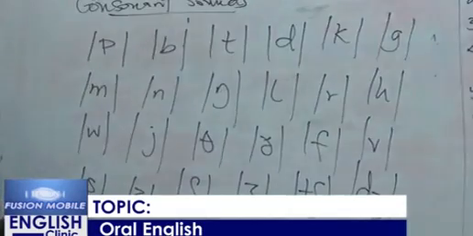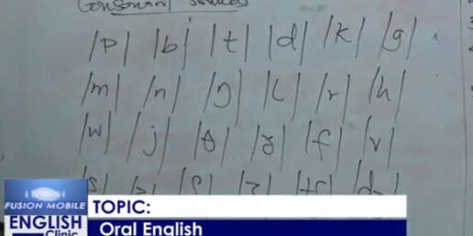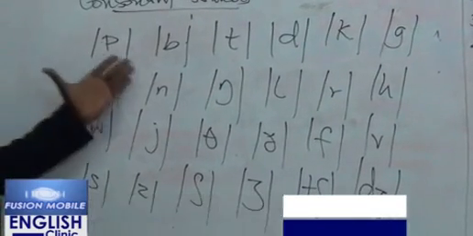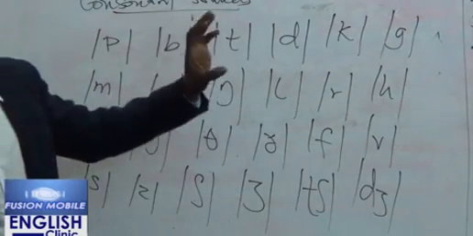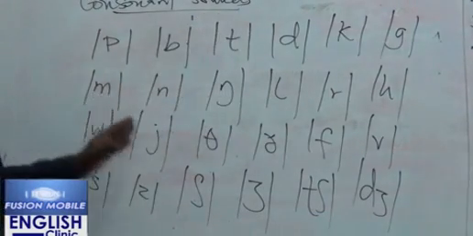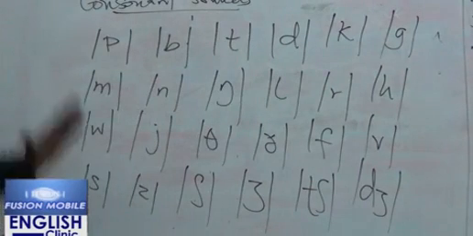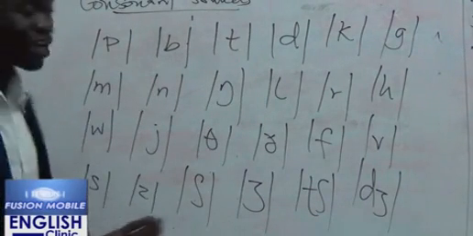Now, these are the 24 consonant sounds that we have in English. We have pa, ba, ta, da, k, g, ma, and so on and so forth.